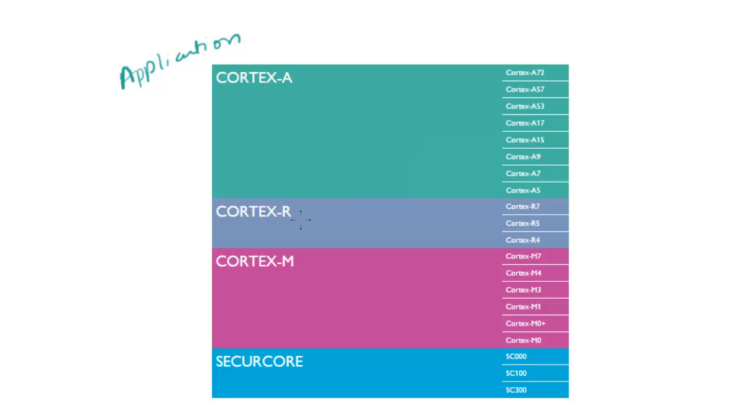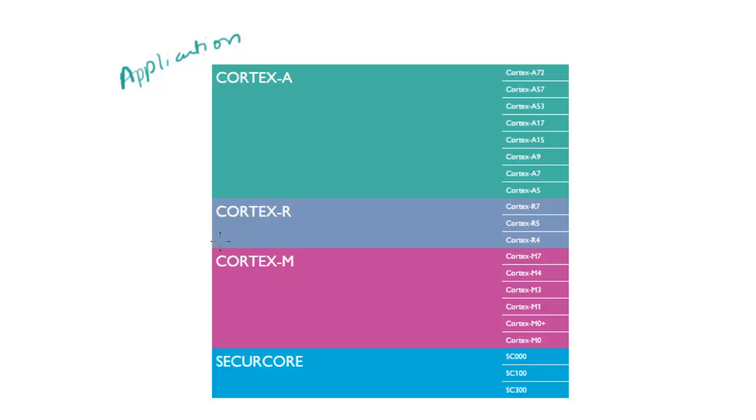The next in line is the Cortex R series. R stands for real-time. These are specific processors on which you have a real-time operating system running. For example, automotive applications like a car, wherein you will have various nodes and an operating system running at the center, and various processes communicate in between, with a real-time OS running over there.